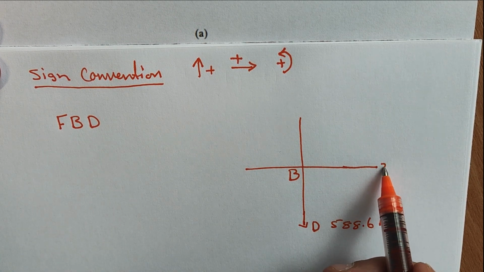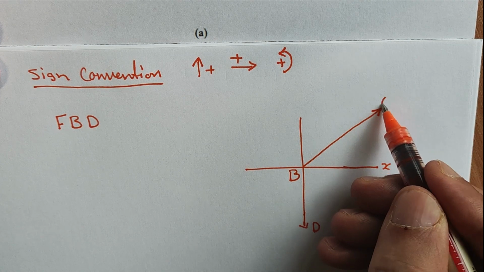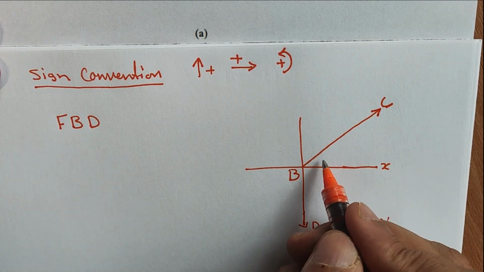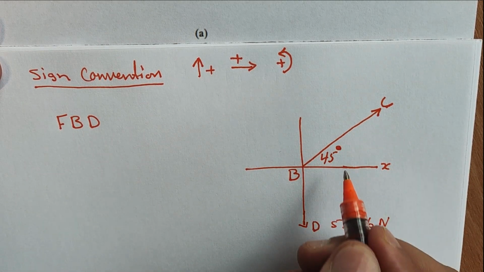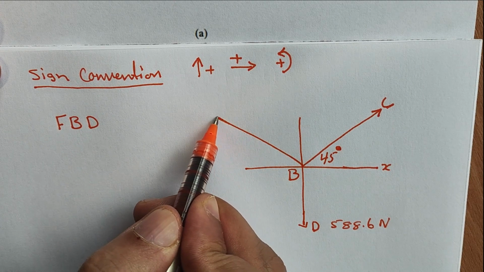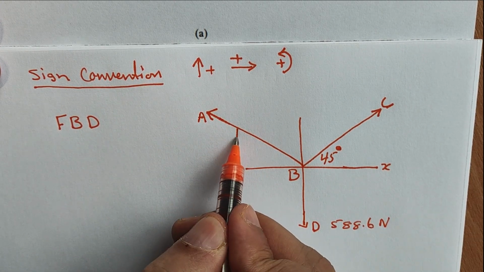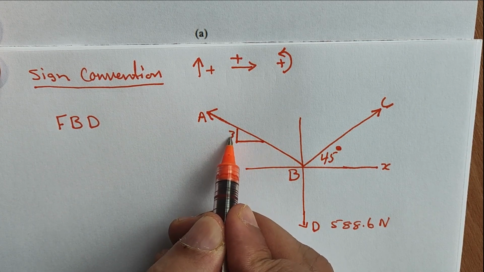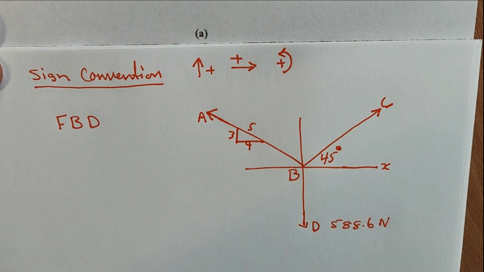Also, in this direction we have C, acting at 45 degrees from the positive x-axis. We also have A acting at a 3, 4, 5 special triangle.